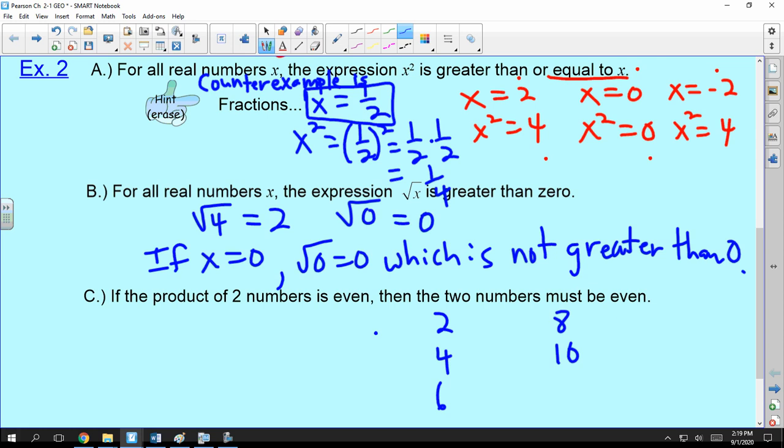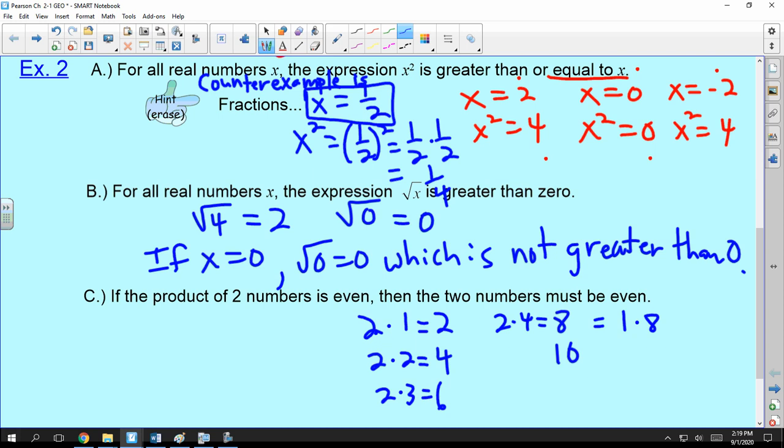Start thinking about factors of those. Well, here's 2, and I get 2 if the only factors of it are 2 times 1. Right off the bat, that's a counterexample. We got 2 times 2 here, 2 times 3 here, this is 2 times 4 here. That works, but what about 1 times 8, right?